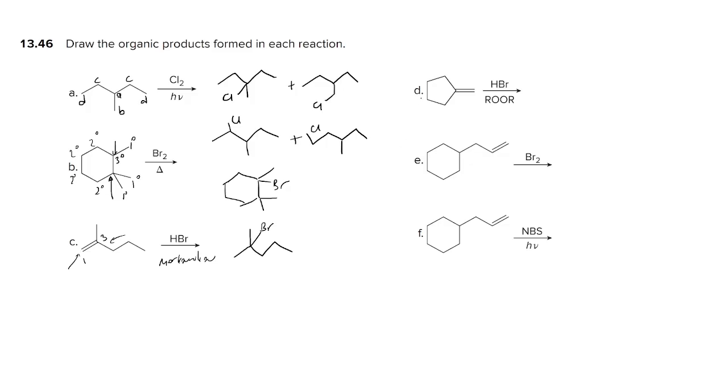Let's move to option D. Option D, again, hydrogen bromide addition, but in the presence of a peroxide. And when we have peroxide during the alkene addition reaction, the reaction proceeds through a radical intermediate. So for that reason, it's not going to be Markovnikov addition, it's going to be non-Markovnikov.